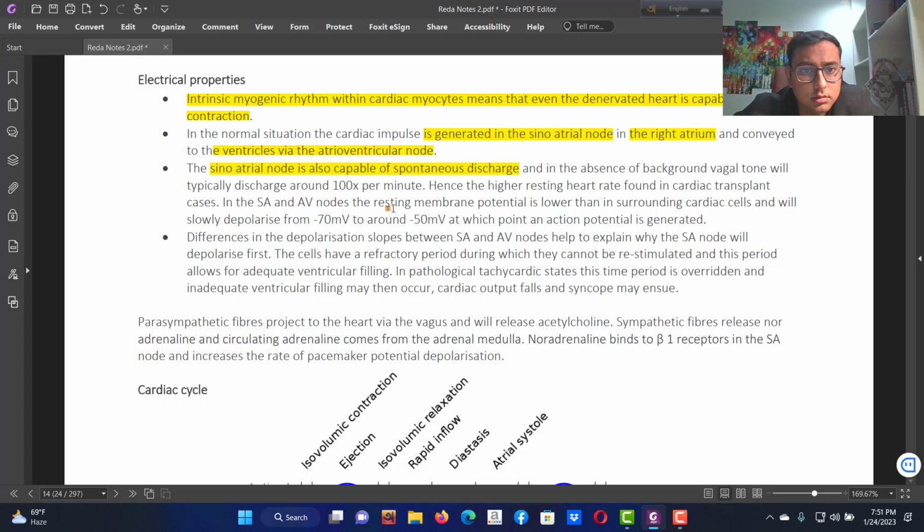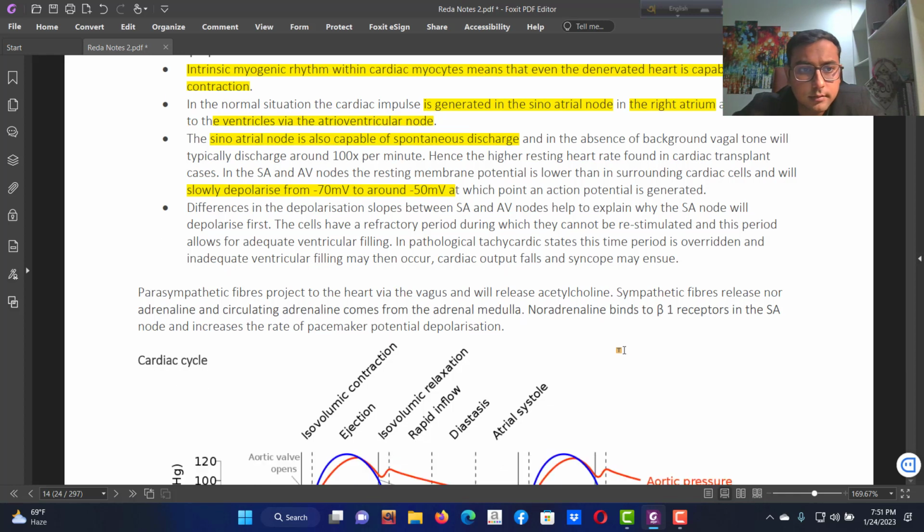The SA node's resting membrane potential is lower than the surrounding cardiac cells, and it will depolarize from -70 to -50. What it means is that the resting membrane potential of the normal heart is within -70 to -50 millivolts. The difference in the depolarization slopes between the SA and AV nodes helps to explain why the SA node will depolarize fast.